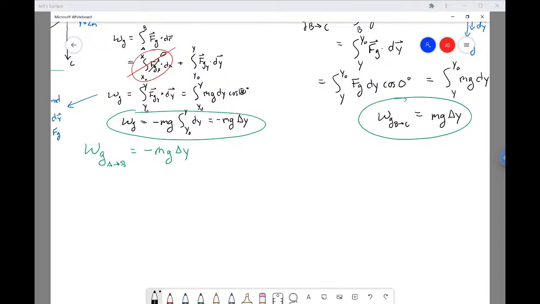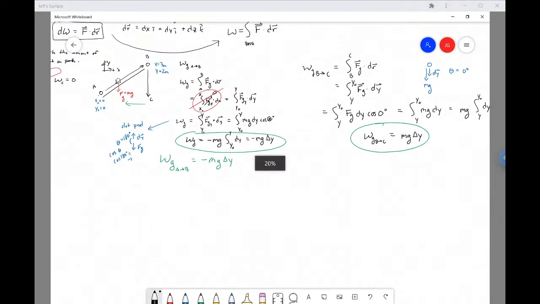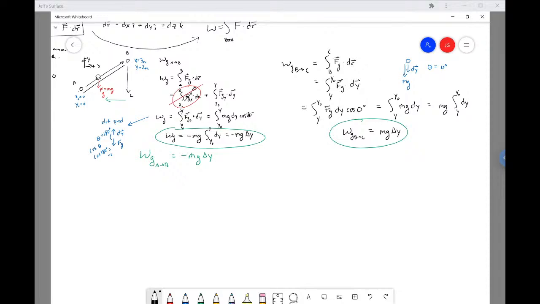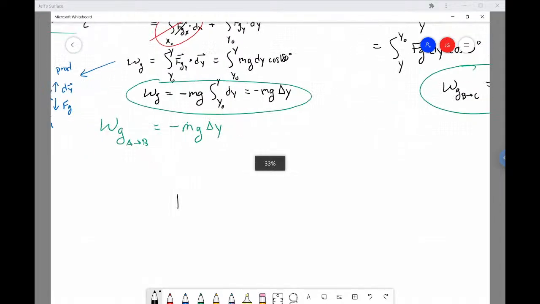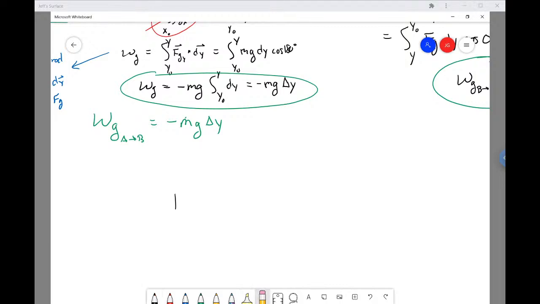And let me write this out here. So this quantity right here is called gravitational potential energy.